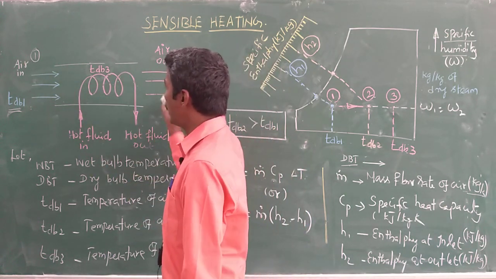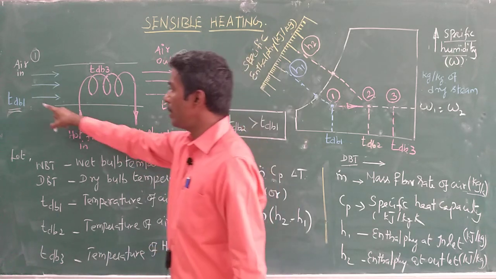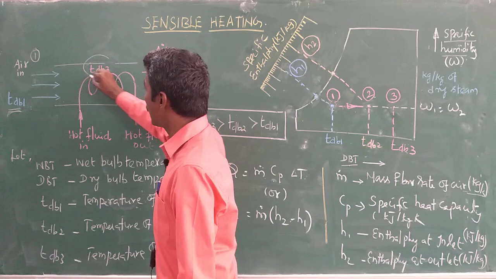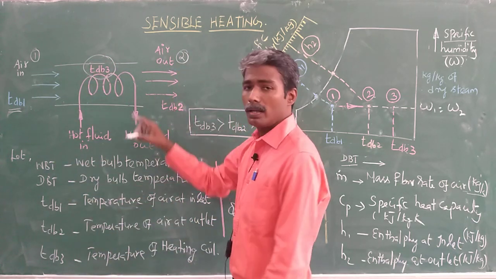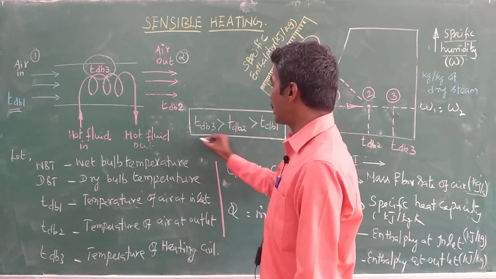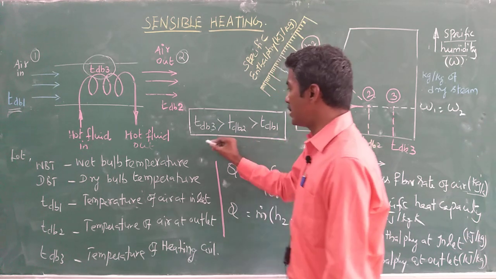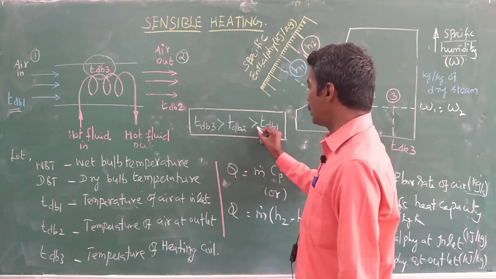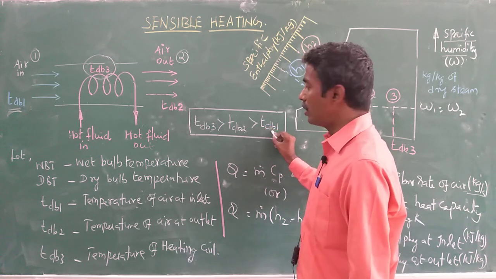Now we want to compare all three temperatures, TDP1, TDP2 and TDP3. TDP3 is higher than the remaining two. So we can write the comparison statement: TDP3 is greater than TDP2 is greater than TDP1. Why?